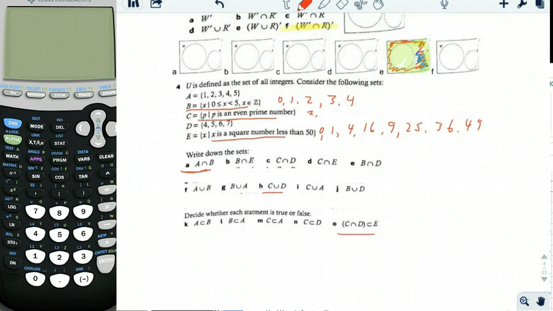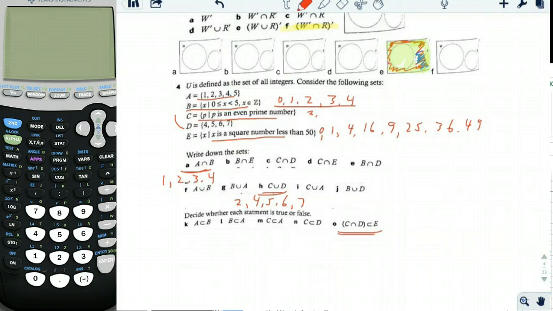Okay, so A intersect with B. So that would be 1, 2, 3, 4, 5 intersect with B, 0, 1, 2, 3, 4. So which numbers do they have in common here? It would be 1, 2, 3, 4. Okay? C union with D. So you would combine C with D. So that would be 2, 4, 5, 6, 7.